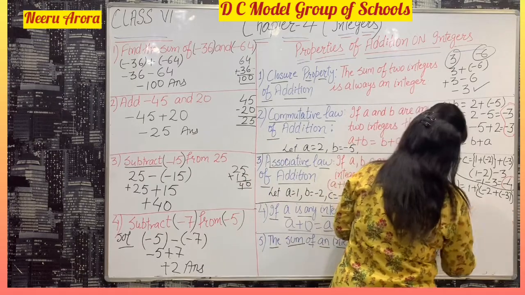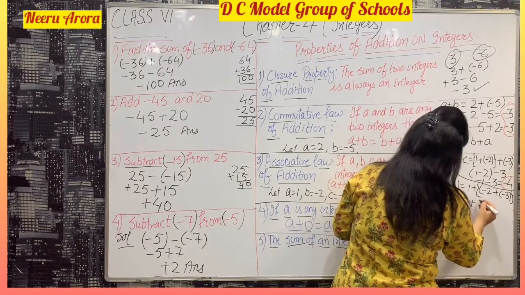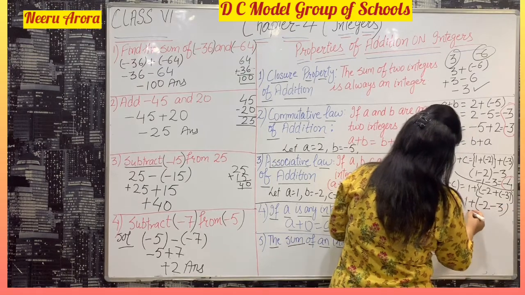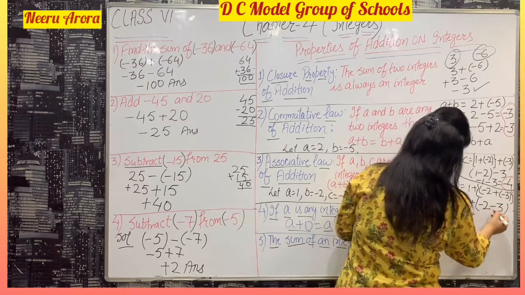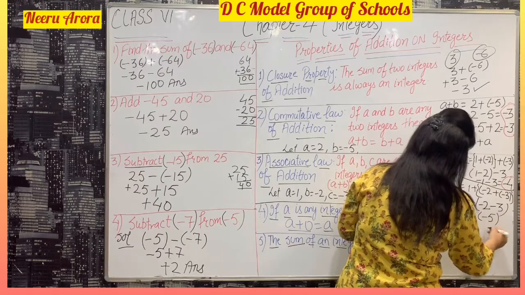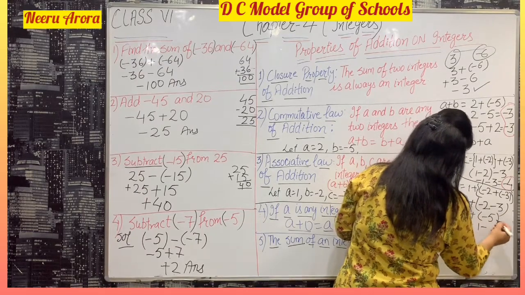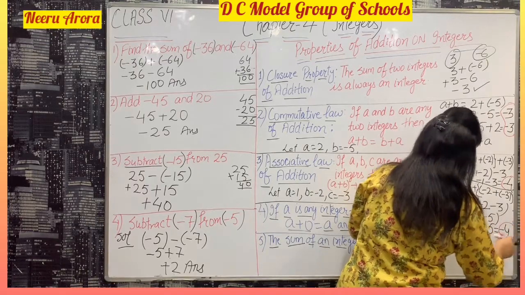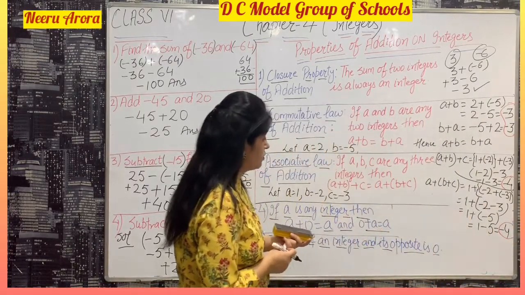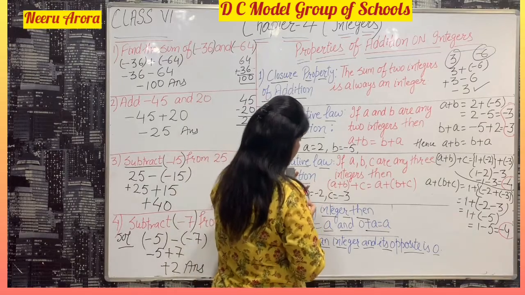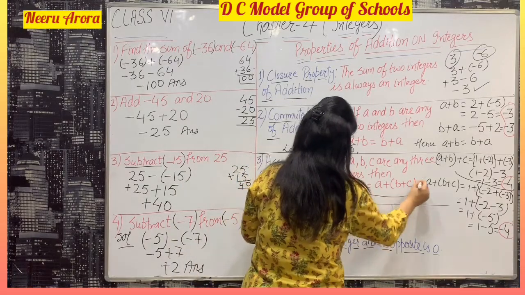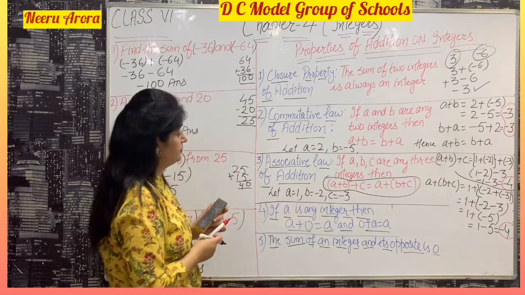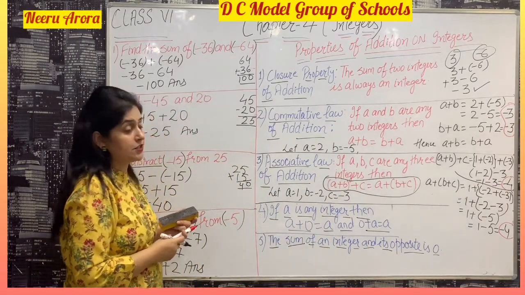So let's solve. 1 plus, minus 2 plus minus 3, here it comes minus 5. 1 plus minus 5, so we get minus 4. The answer of the right hand side is also minus 4. So we can say left hand side is equal to right hand side. So associative law of addition holds for integers.